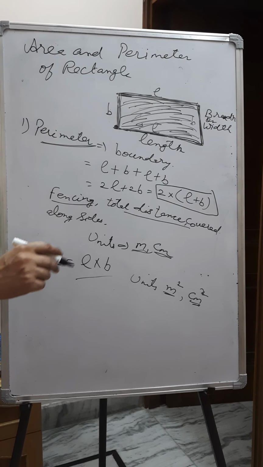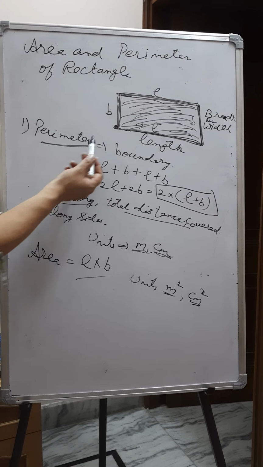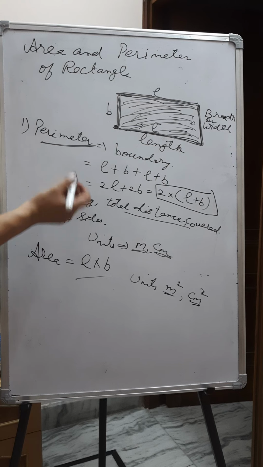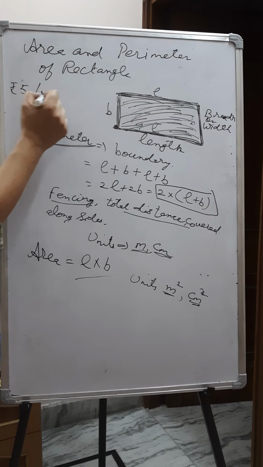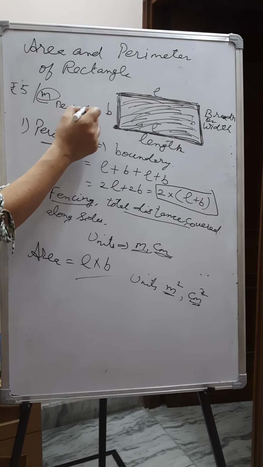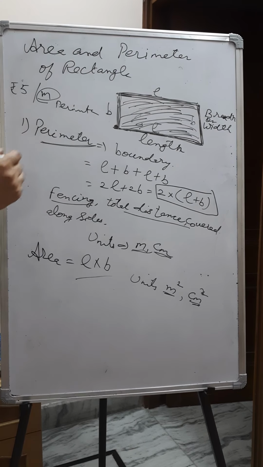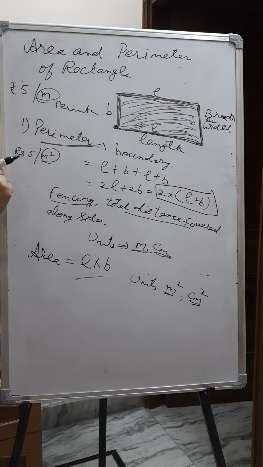Sometimes the question is like, find the total cost of fencing at rupees 5 per meter. Per meter means you require the perimeter. The cost of labor is rupees 5 per meter square. Per meter square means you require the area.